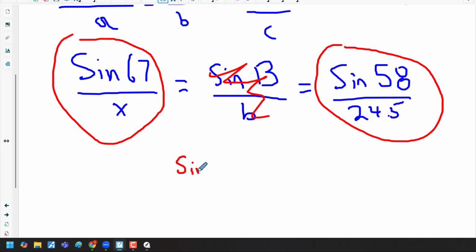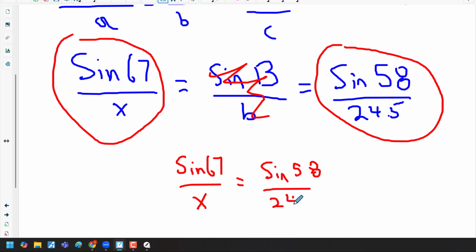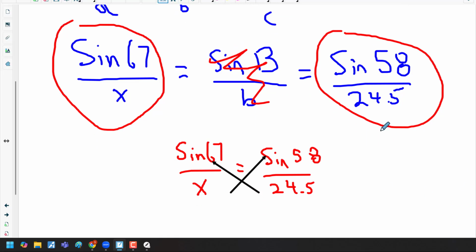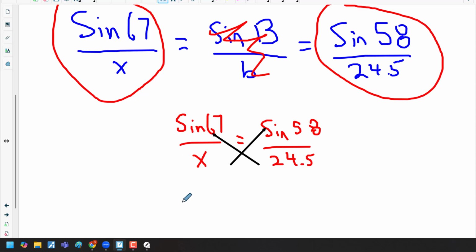So I'm going to have sine 67 over x is equal to sine 58 over 24.5. And I said this a lot, but whenever you have two fractions equal to each other, you cross multiply. So now you're going to have 24.5 times sine 67.